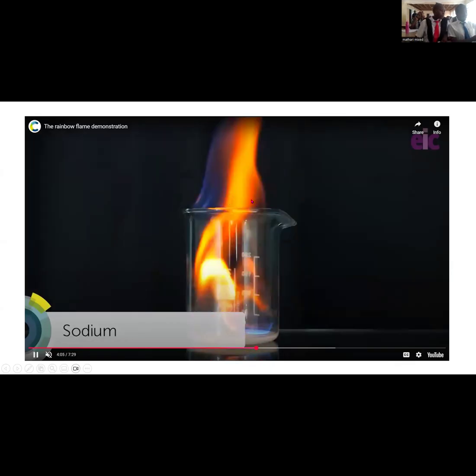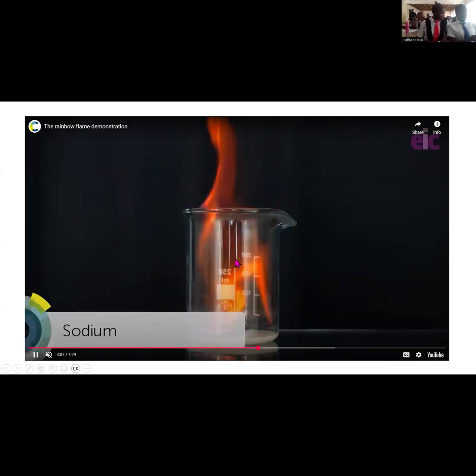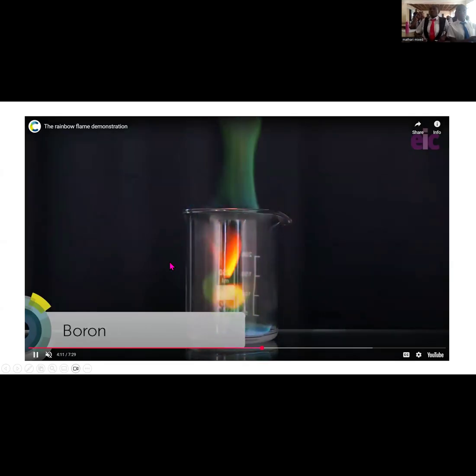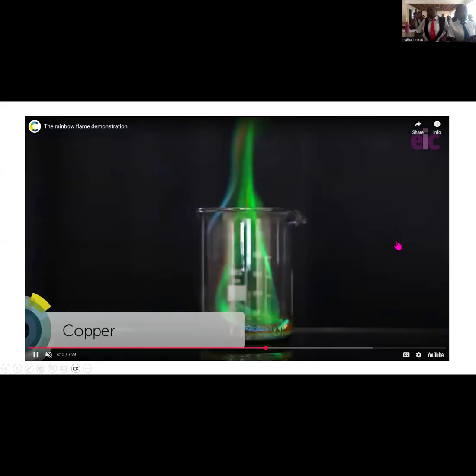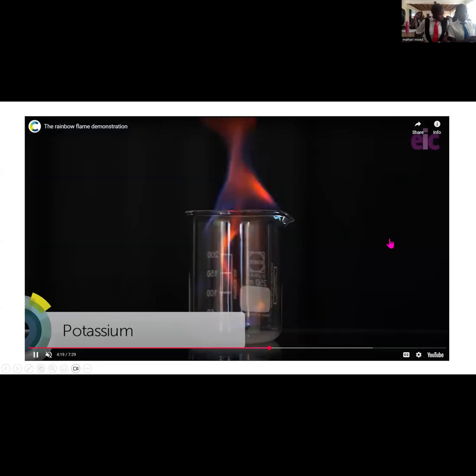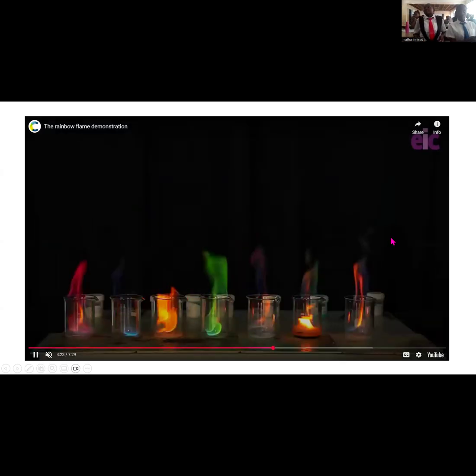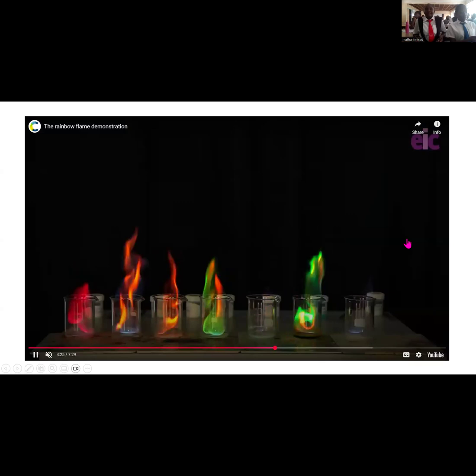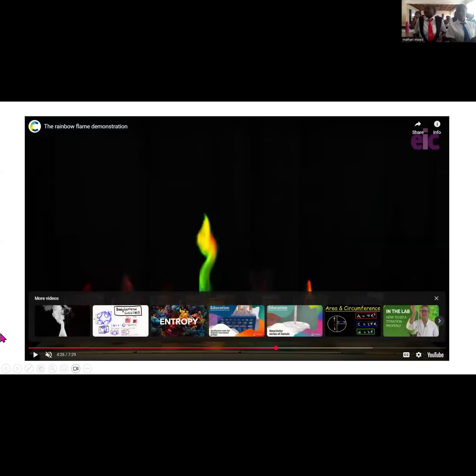So this color, mainly red, is lithium, mainly yellow orange is sodium. Boron, a non-metal, produces a nice green. Copper gives you a brilliant green and blue at the same time. So these flames are all just like that. Here they are, different colors for different metals. Okay, let's move on.